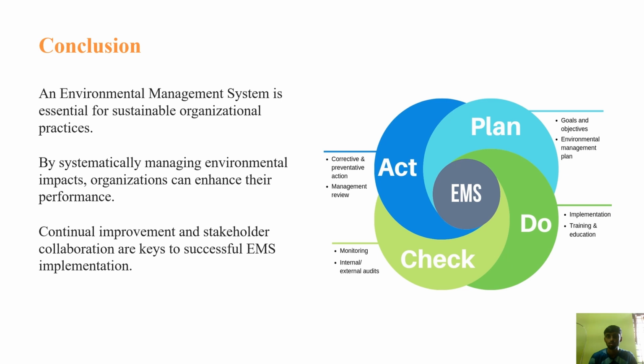And coming to the do: implementation and training and education. The check is the monitoring and the internal and external audits, and the act is corrective and preventive actions and the management reviews.